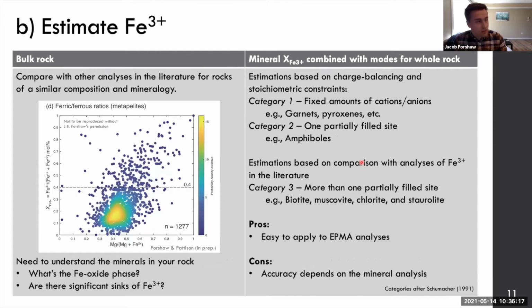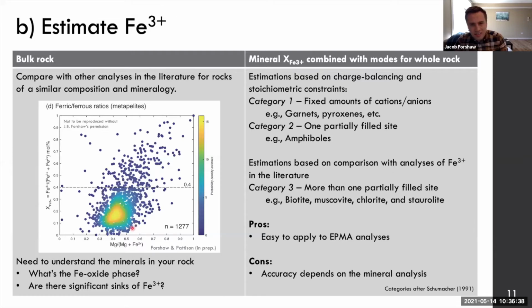And so the other option is that you estimate iron 3+, and you can either do this in your whole rock by comparing with other analyses in the literature. And I showed this diagram yesterday of, there's lots of values in the literature that have wet chemistry done or titrations done to look at the iron 2+, iron 3+.